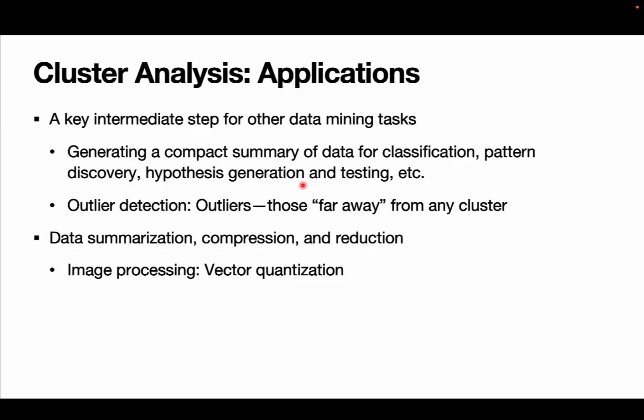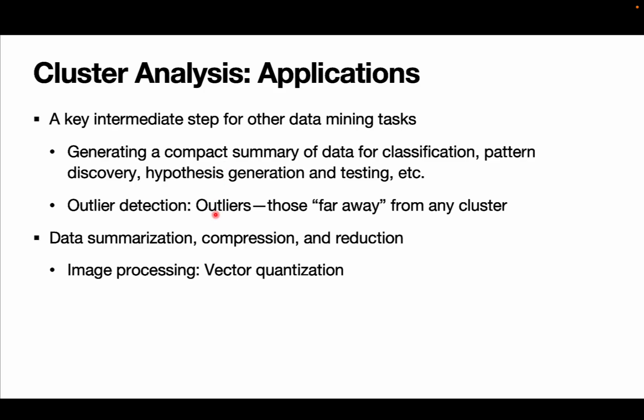On the application side, one use of clustering is as a pre-processing or intermediate step for other data mining activities. For example, generating a compact summary for classification, pattern discovery, hypothesis testing, and so on.